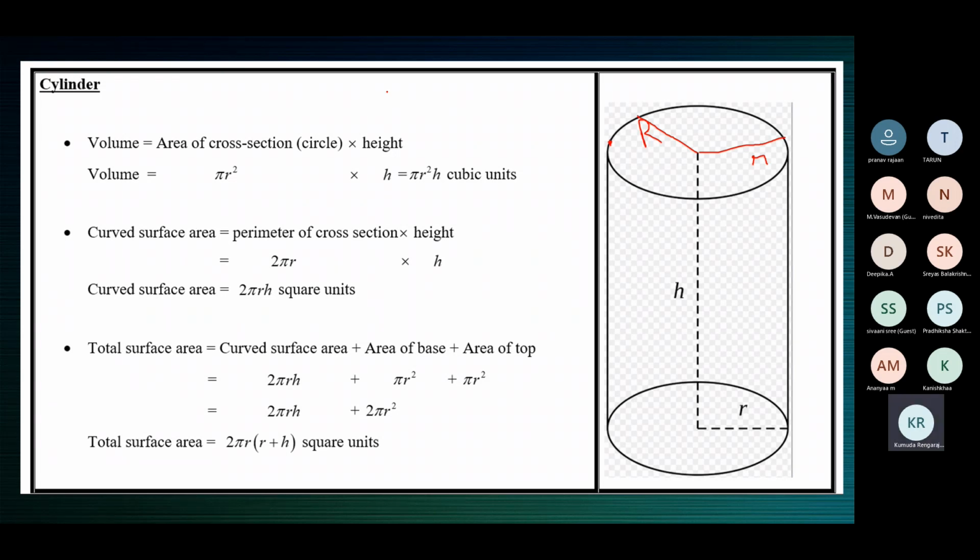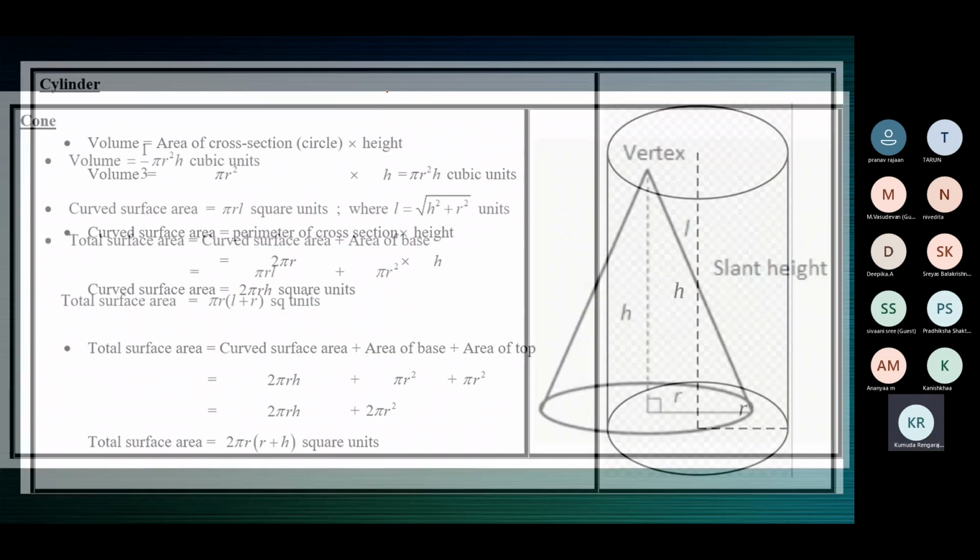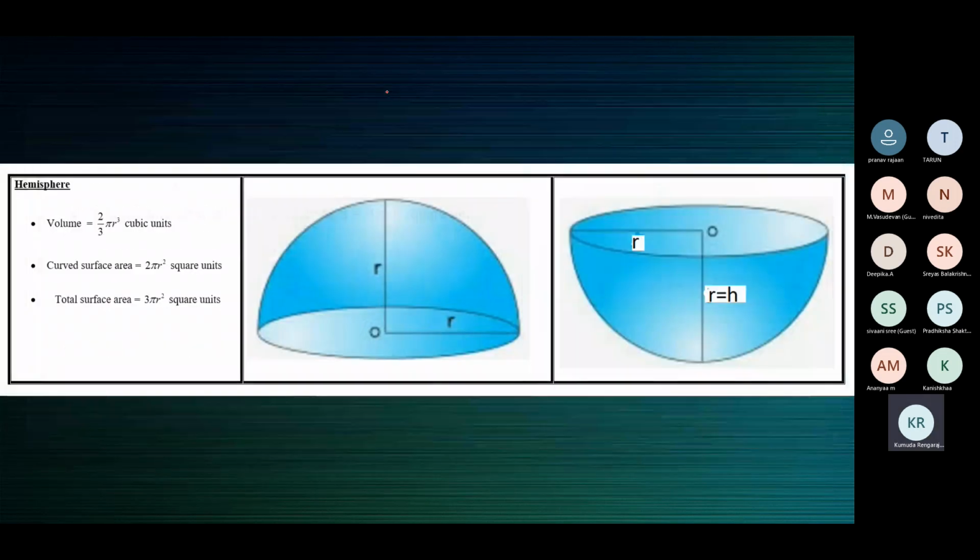But what you see there is that the wall of the cylinder is thick. That means the inner radius is smaller than the outer radius.